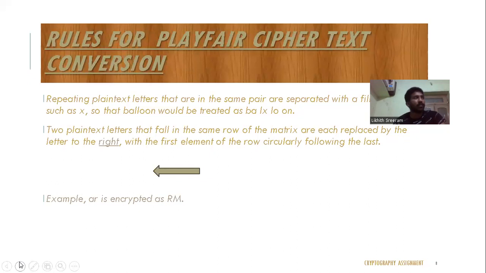Repeating plain text letters that are in the same pair are separated with a filler such as X, so that balloon would be treated as BA LX LO ON. We separate the letters as pairs.